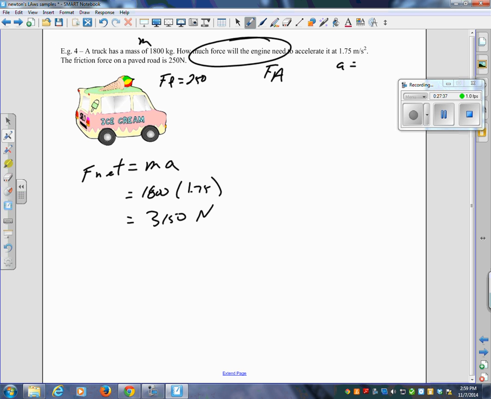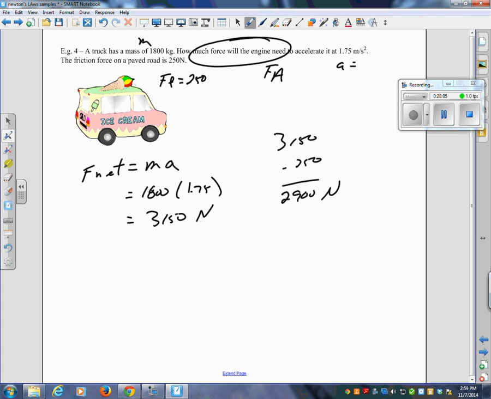What is your gut telling you to do next? Do I add or subtract? Because with friction, you always subtract. So many of you are saying, oh, this is easy, I'm just going to go 3,150 minus 250, and I get 2,900 newtons. Is that right?